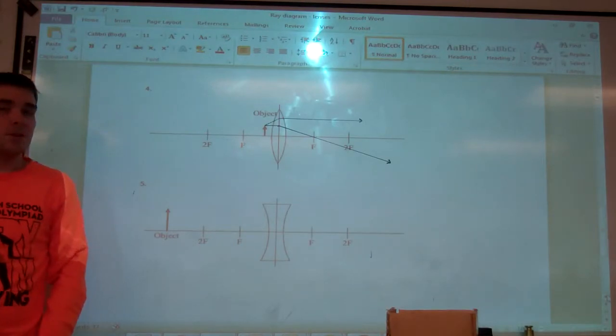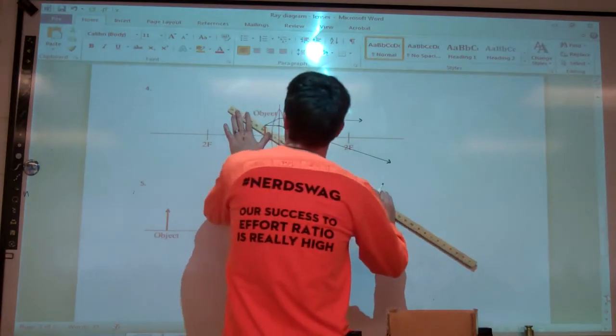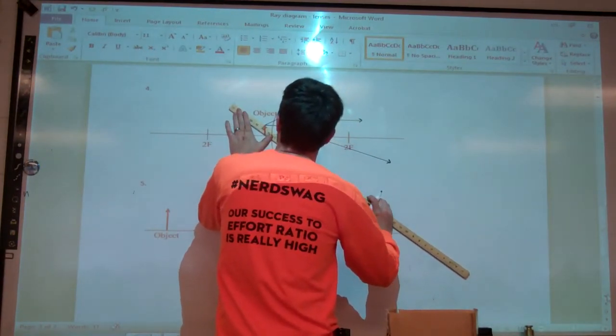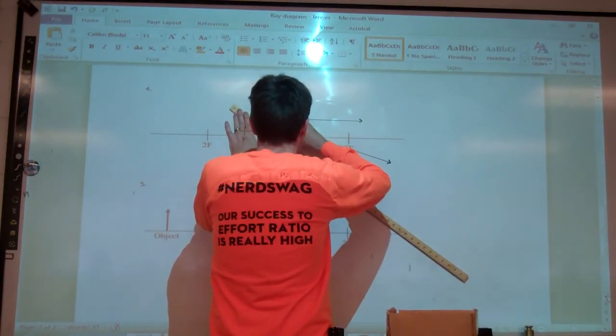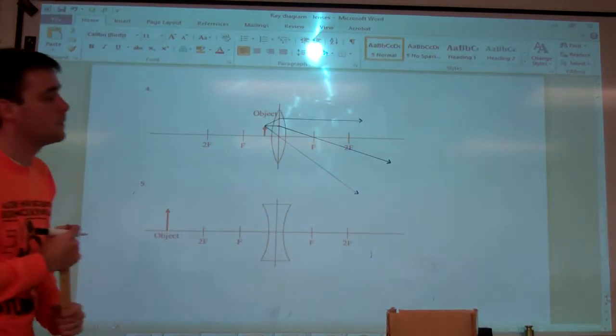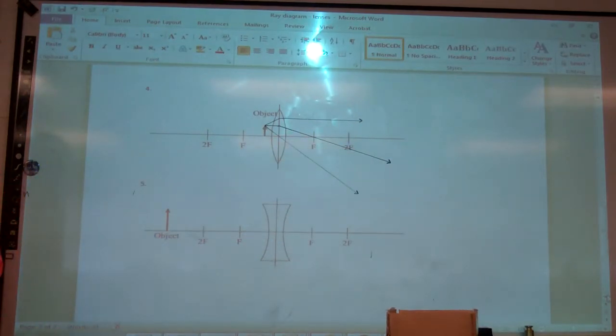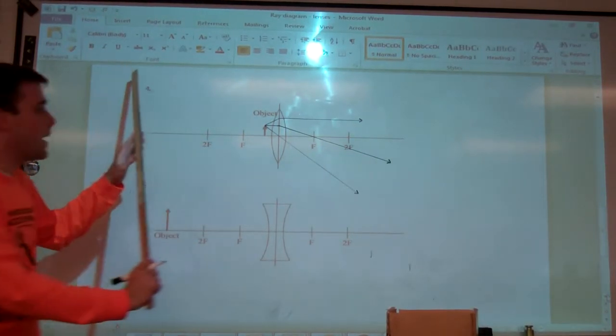The other line we can do, I'm going to draw the third one up here too, is straight through the center of the lens. So do those 3 lines ever intersect on that side? No. So what kind of image is it going to be? Virtual, so we have to trace it back.